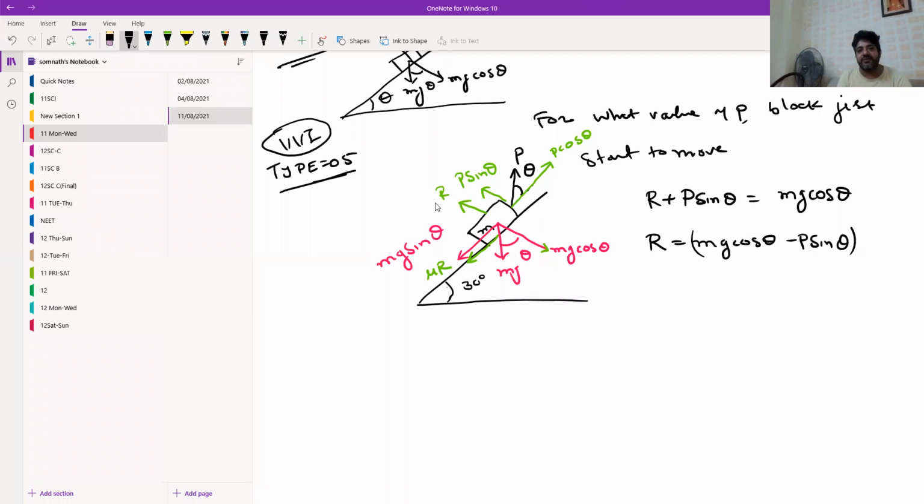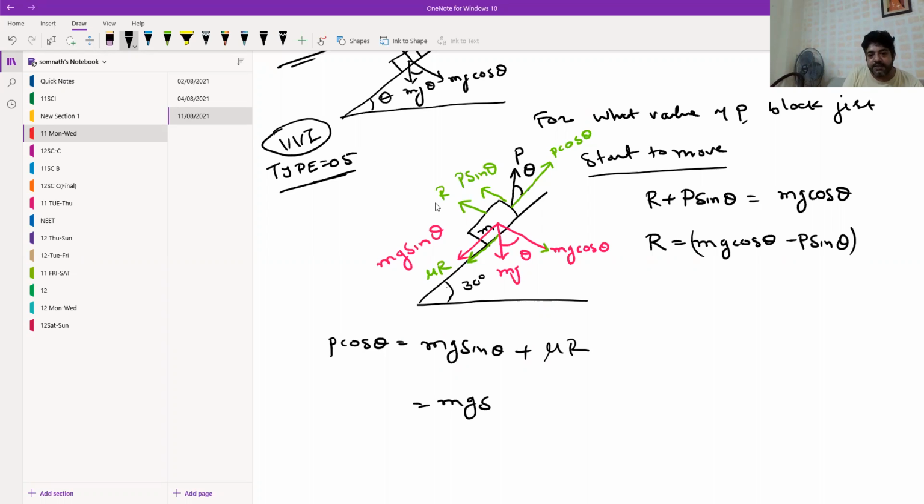So once you get the normal reaction, as the block starts moving, just in motion, that means the total upward force P cos theta balances the total downward force, mg sine theta plus mu R. So mg sine theta plus mu, and your R is mg cos theta minus P sine theta. Yes or no?